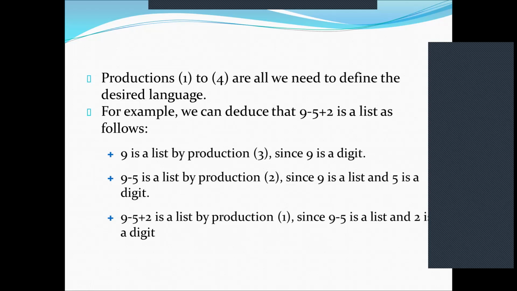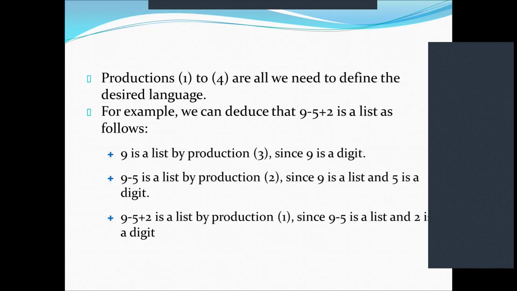So you agree to this now? What we have? Initially it says 9 as per the rule 3 is a digit. So a list can have the form of a digit. So 9 itself is a digit. Then when 9 is subtracted by 5, it becomes another list. Because as per the rule 2, it says list can have the form of list minus a digit.